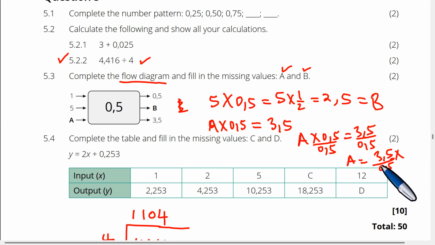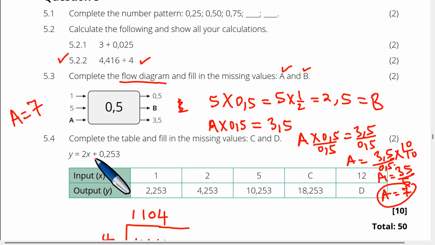Because there's a decimal, you can multiply by 10 to move the decimal point once to the right, giving 35 over 5. What is 35 divided by 5? 7. So A is 7.